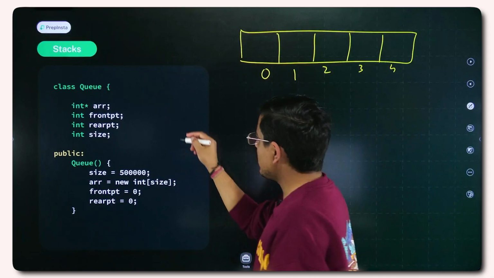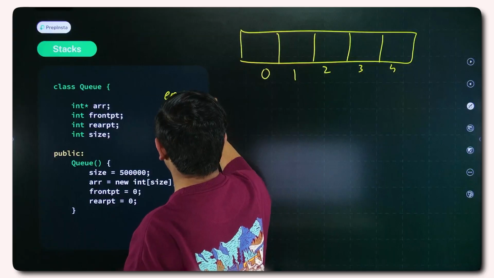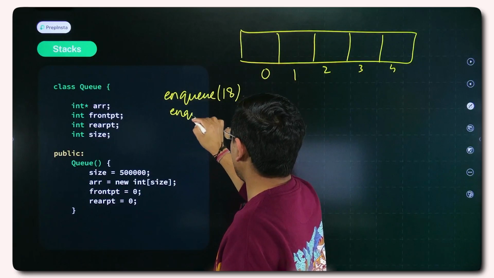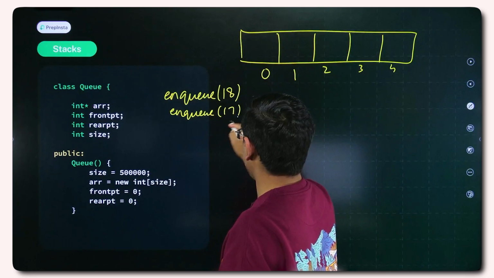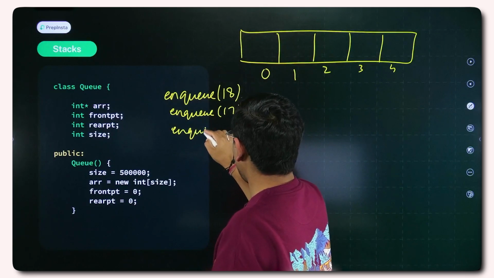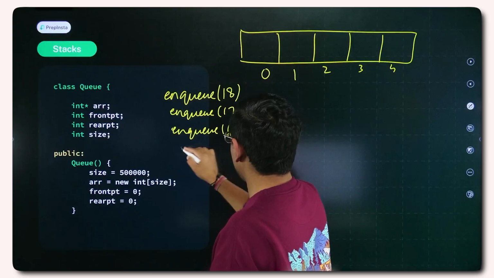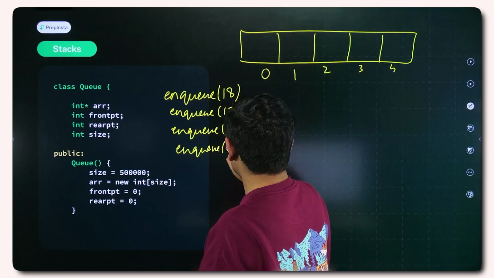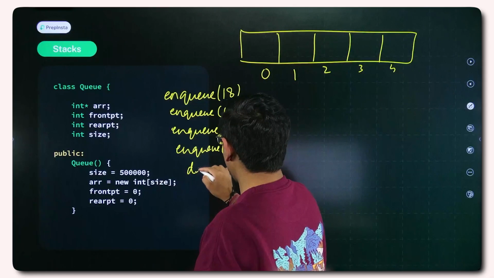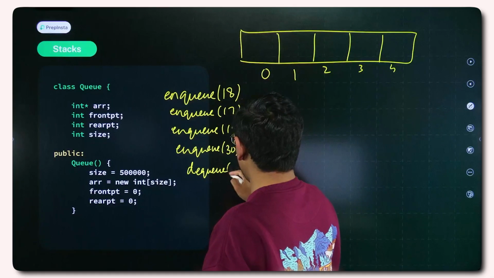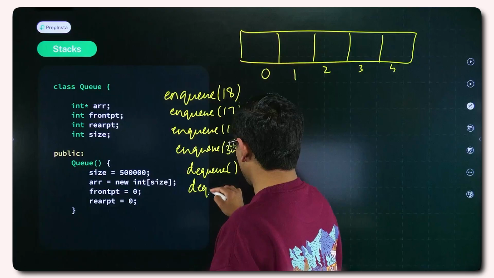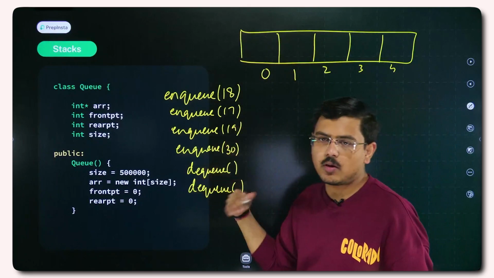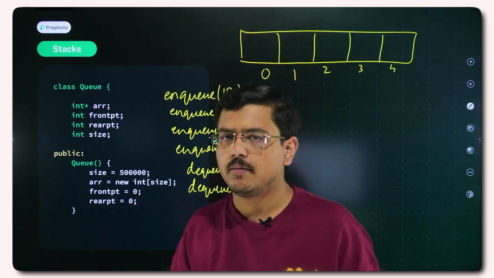I do these operations on it: NQ 18, NQ 17, NQ 19, NQ 30, and then I do DQ. Again I do DQ.